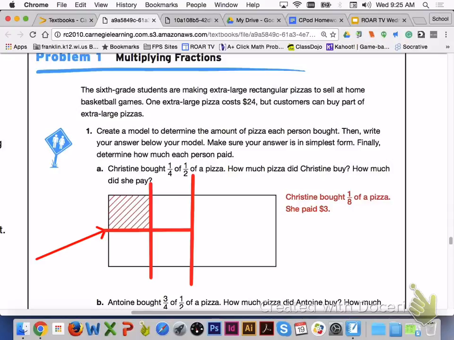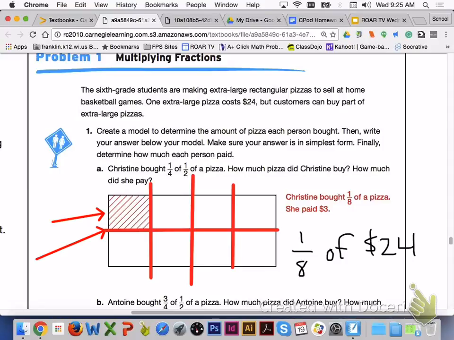You shade in one of those fourths, and that is going to help you determine that Christine bought 1/8 of the pizza. We can determine that she purchased 1/8 of the pizza because the other half of the rectangle would also be broken up into equal size fourths. So there's a nice visual with this model as far as Christine buying 1/8 of the pizza.